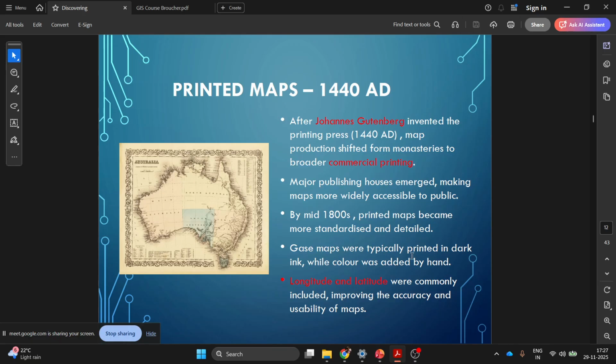These maps were typically printed in dark ink, and other colors were added by hand. For example, to represent a mountain or a river, they painted it with different colors for better understanding. Latitudes and longitudes were commonly included, improving the accuracy and usability of maps.